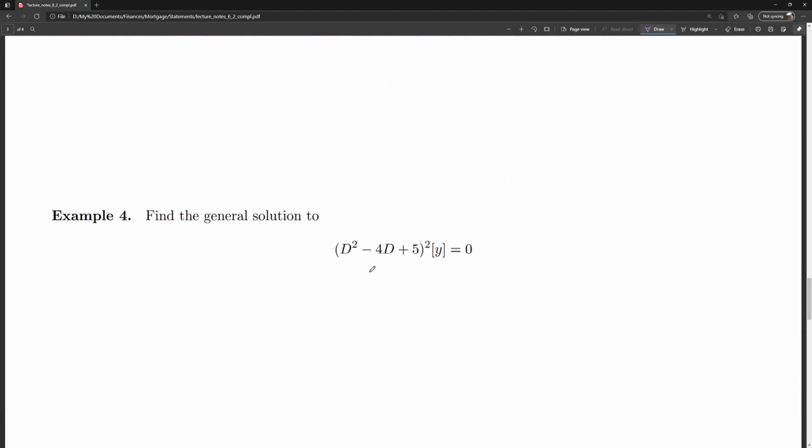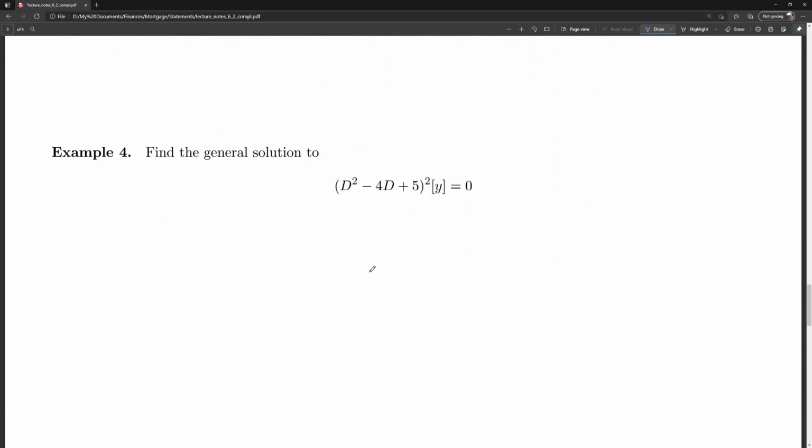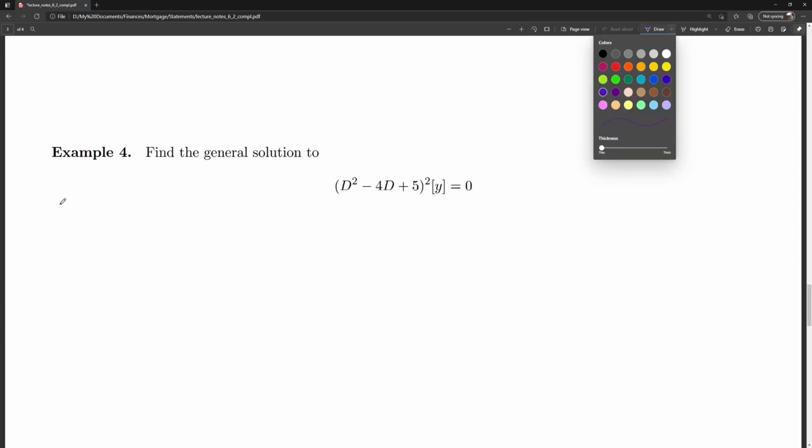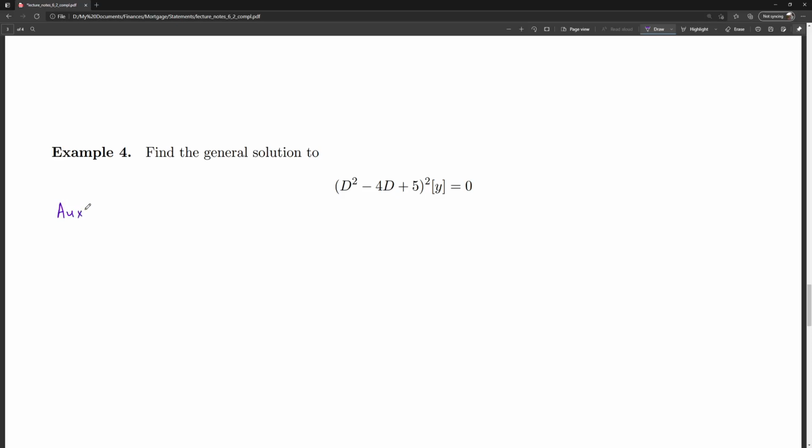So if we look at the following example, where we have to find the general solution to the quantity D squared minus 4D plus 5 squared acting on y equals 0, we can directly go to the auxiliary equation. The auxiliary equation is then given by r squared minus 4r plus 5 in parentheses squared equals 0.